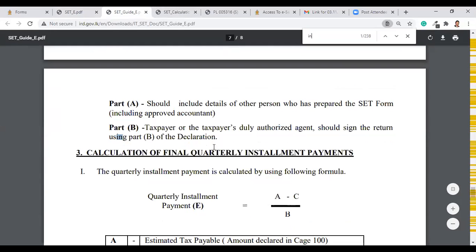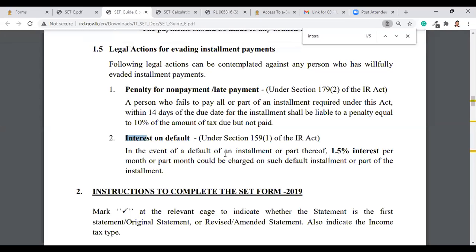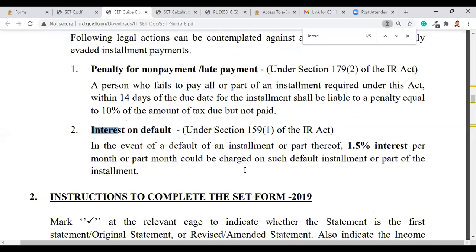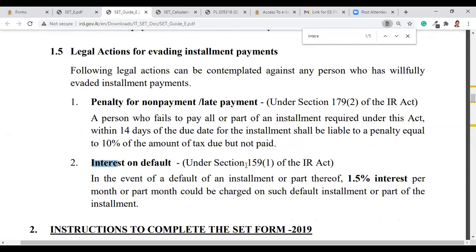For interest, you can refer to section 159: in the event of default of an installment or part thereof, 1.5% interest per month or part of the month could be charged.